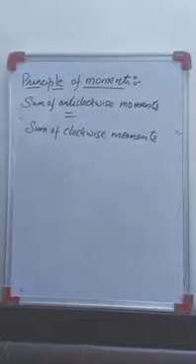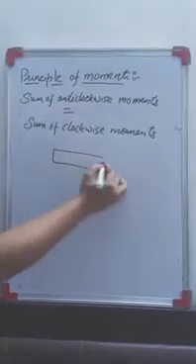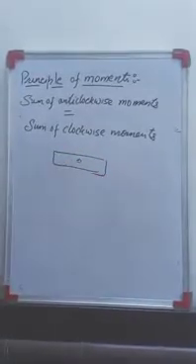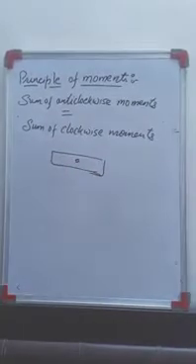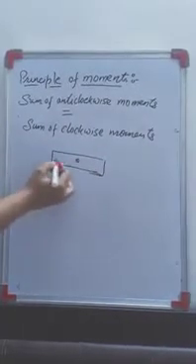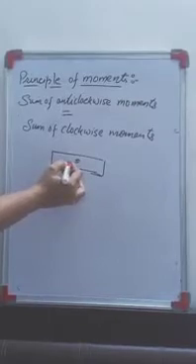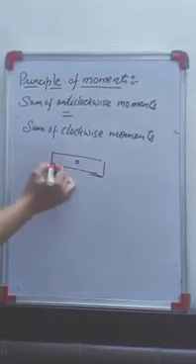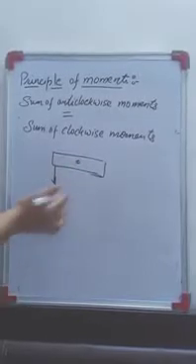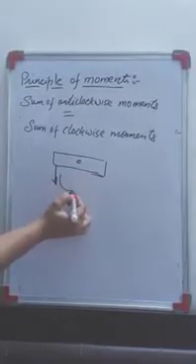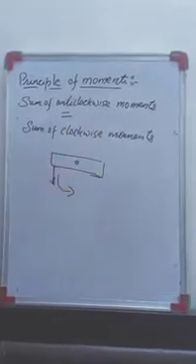Exactly what happens when, for example, I am taking a pivoted body? This body is pivoted over here. When several forces act upon this pivoted body, what happens? If one force is acting downward, it will tend to move in the anti-clockwise direction.